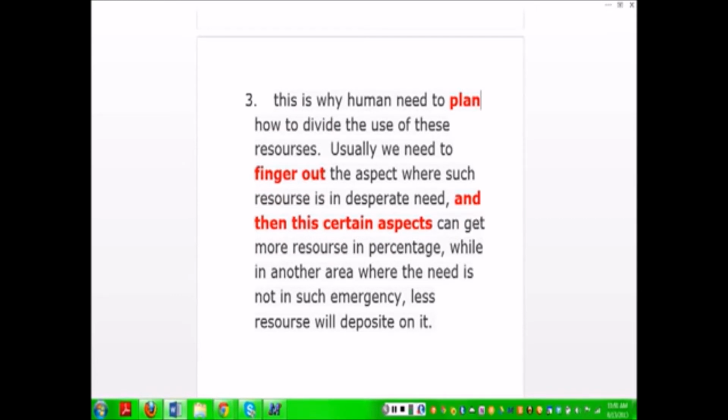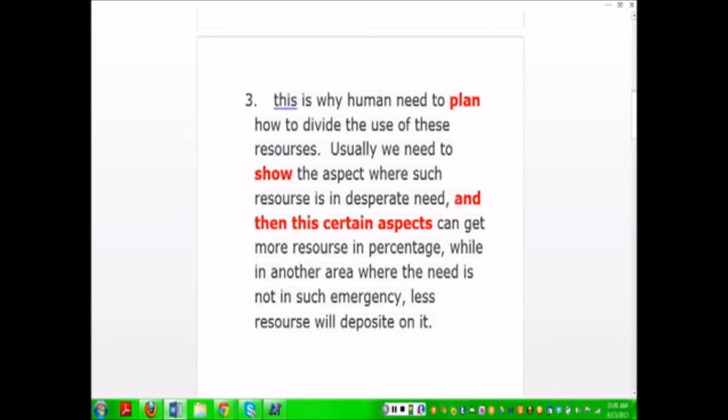Usually we need to figure out, and figure out, normally two words is less formal than one word. That's a general rule in English. So one word is more formal than two words.